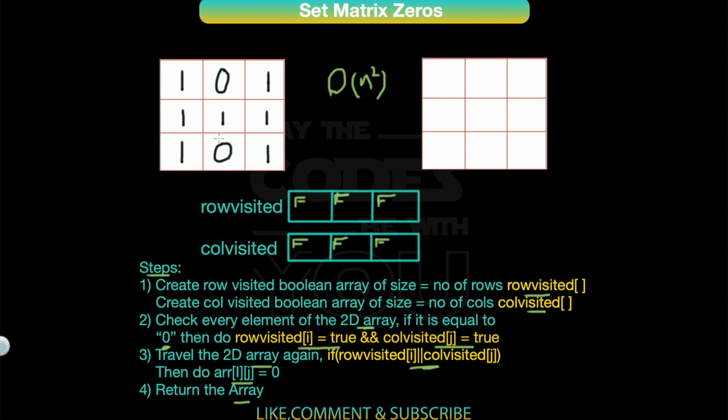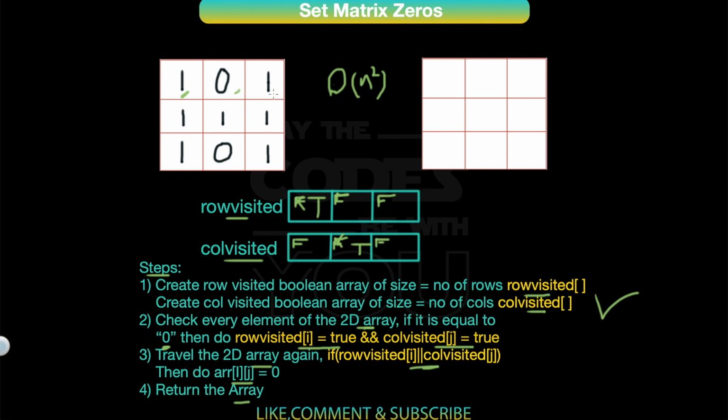Okay, let's do a run through. Here are our row visited and column visited arrays we have created, and initially all of them are false. Let's check every element of the 2D array. Here we encounter 1, we'll do nothing. Here we encounter 0, so we'll turn this row as true, and similarly this column as true.